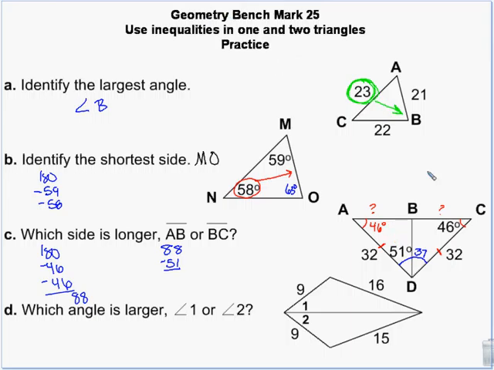Do a different color. 51 is across from AB, and 37 is across from BC. So which one's longer, AB or BC? AB, because the 51 is bigger, so that makes AB larger.